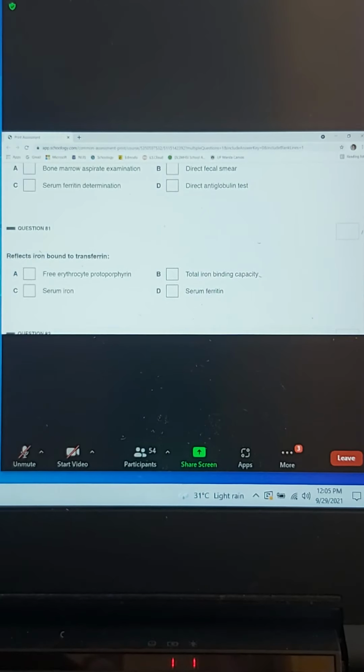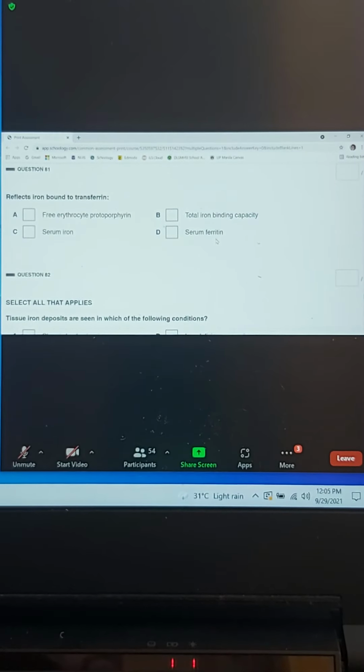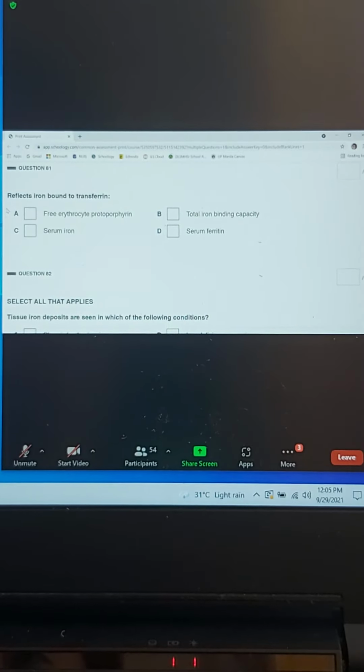So 81 reflects iron dominance. Serum iron. Serum ferritin, ano siya? Stored form po. Stored form, okay? How about letter A and letter B? Anong nire-reflect ng A and B?